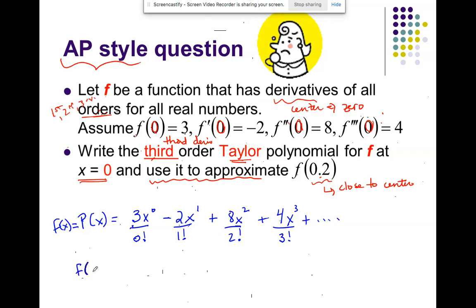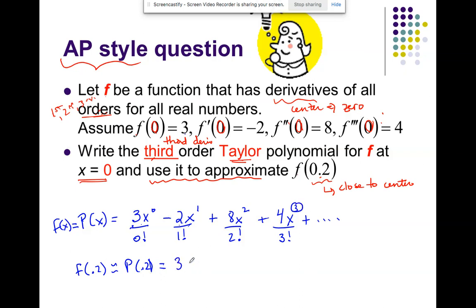So f of 0.2 is approximately the polynomial at 0.2 when I only use these 3 terms. I'm sorry, 4 terms, but third order.